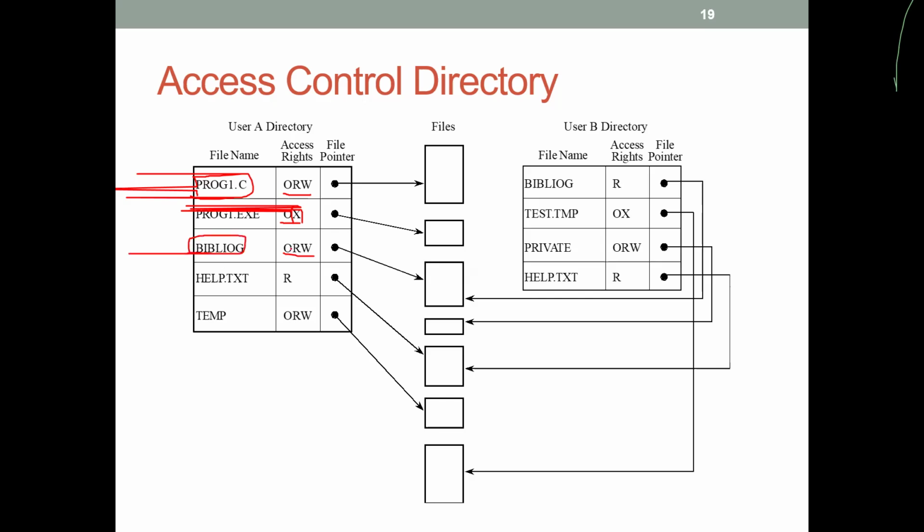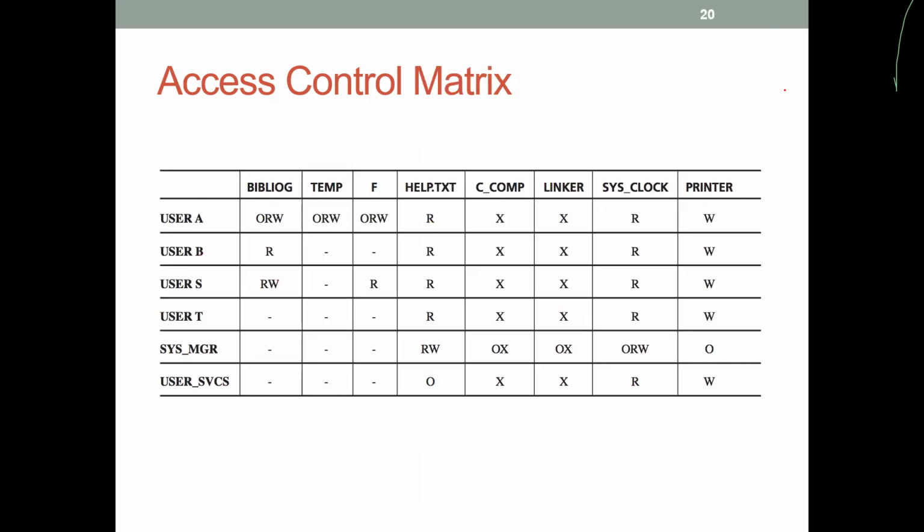If someone tries to access this biblog, it will check what access permission, what access right they have. If it is the owner, only the owner has read write permissions. For this file, each and everyone has access. Likewise, they are creating an access control directory. By using those access control directories, they can implement the access control.